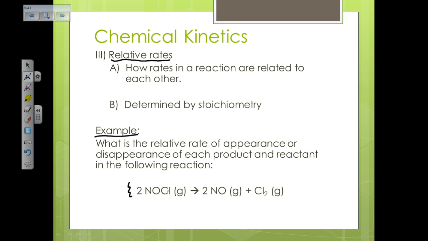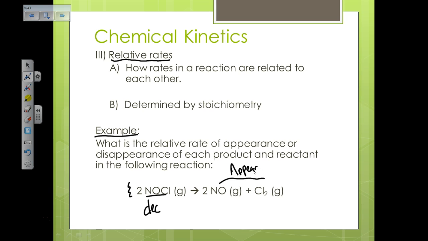When we have a reaction like this, what we should know is that over time, as the reaction proceeds, the concentration of the reactants will decrease. So this side decreases, and so it's going to disappear. Now the products, they're being made in the reaction, so these guys will appear.